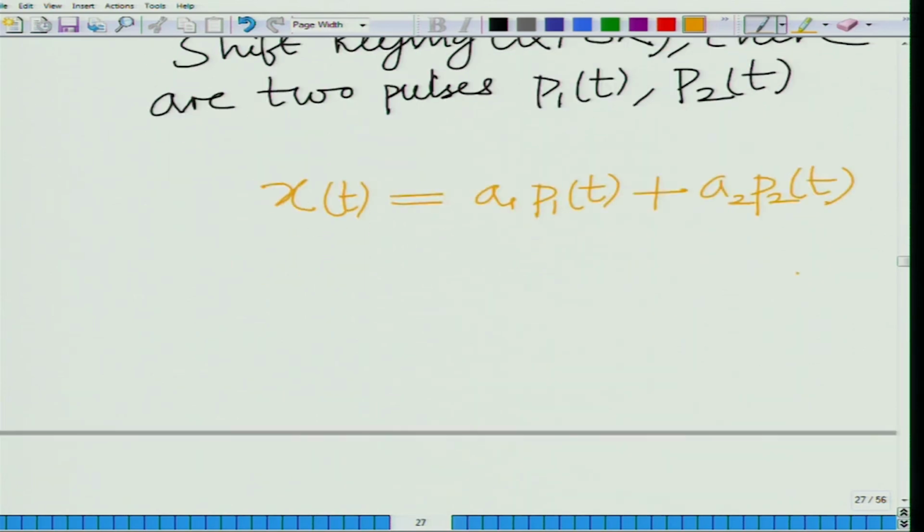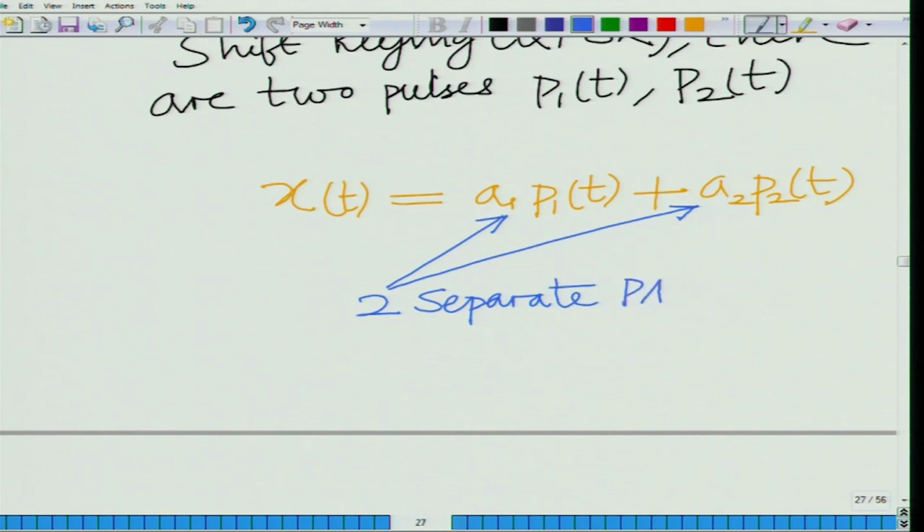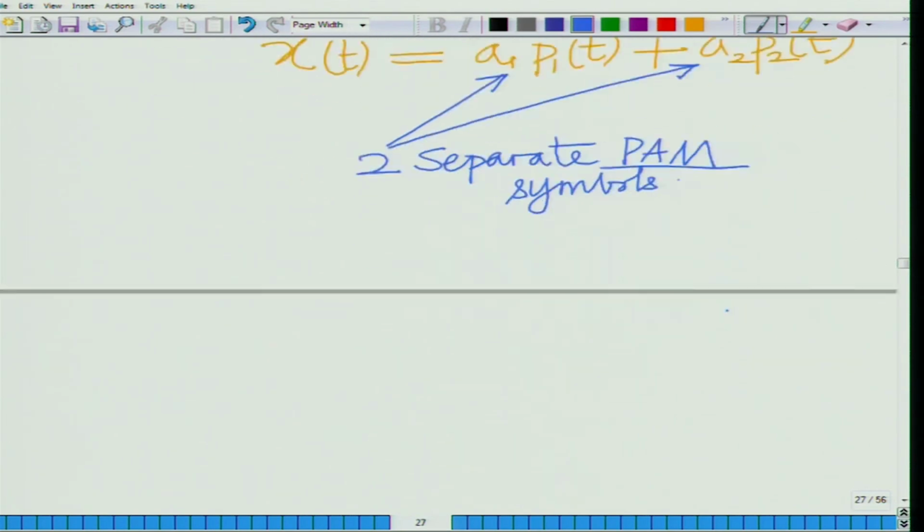Now in QPSK, A1 and A2 are two BPSK symbols, that is, A1 and A2 belong to either plus or minus A. Here A1 and A2 can be two separate PAM symbols, that is the whole idea. A1 and A2 are drawn from a PAM constellation independently, independent symbols drawn from a PAM constellation.